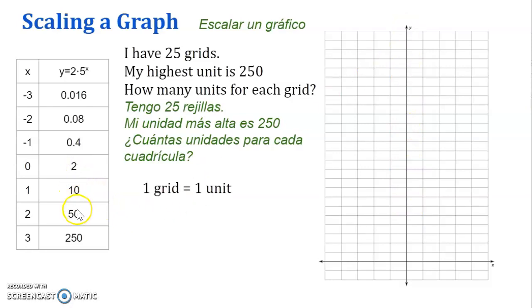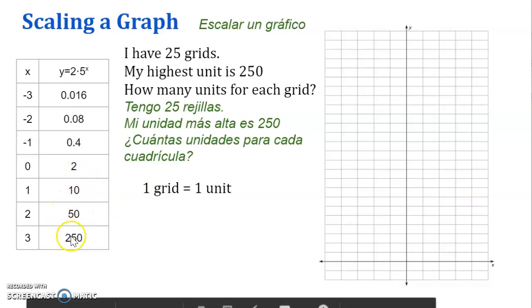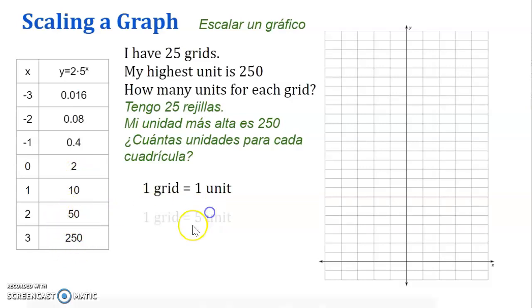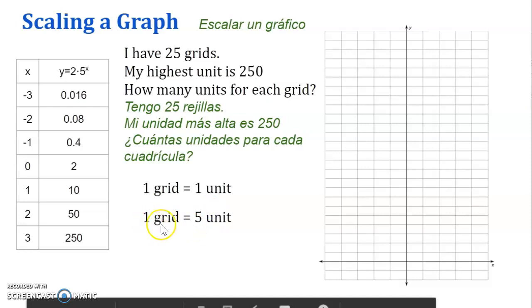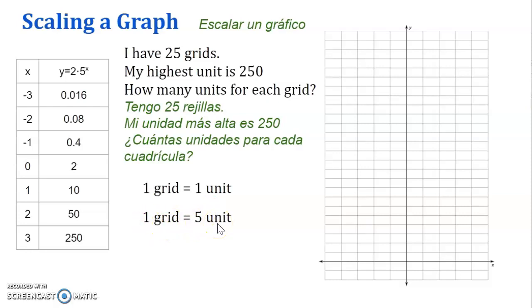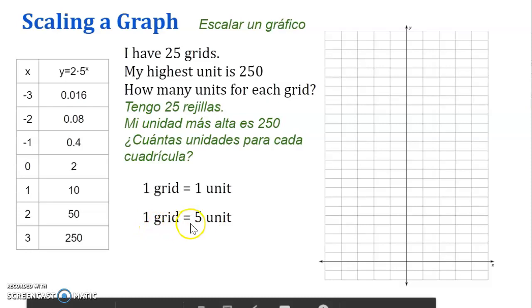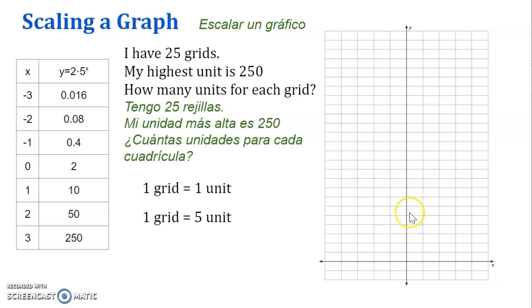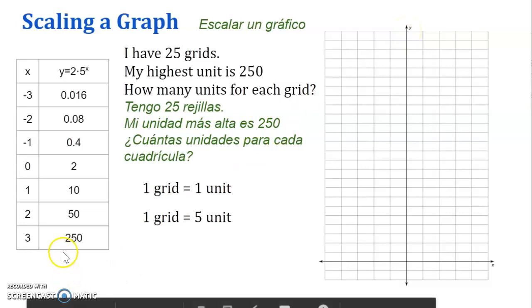So a lot of these values will be out of range. That's no good. What if 1 grid was equal to 5 units? Then I have 25 multiplied by 5, which is 125. So if I start labeling 5, 10, 15, 20, 25, 30, and so on, I'm going to extend all the way to 125. That's still not big enough.